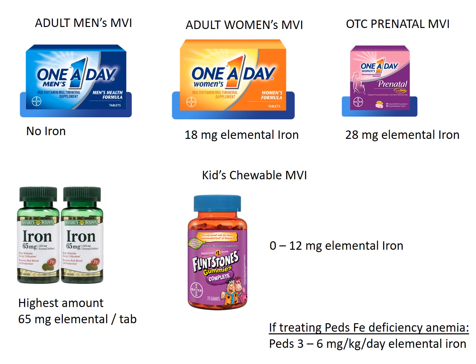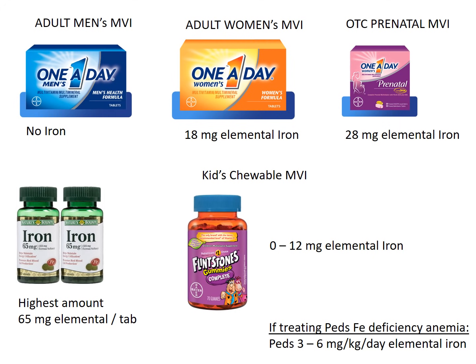So you can do the math. If you had a 20 kilogram child who is iron deficiency anemic, you can determine how much iron they need in a day, and then, depending on the product that you're using, come up with how much iron you would need to supplement them.